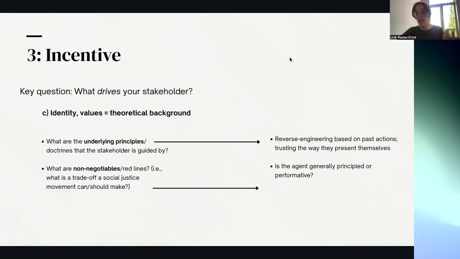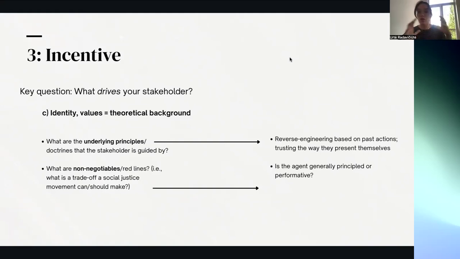So you trust the way that these people present themselves, or you trust that if they have done this in the past, they're likely to do a similar thing in the future, depending on how rational they are. And then a second question could be, what are some non-negotiables? What are some red lines? So, for instance, what is a trade-off that a social justice movement can and should make, and what is something that is absolutely not supposed to be touched?